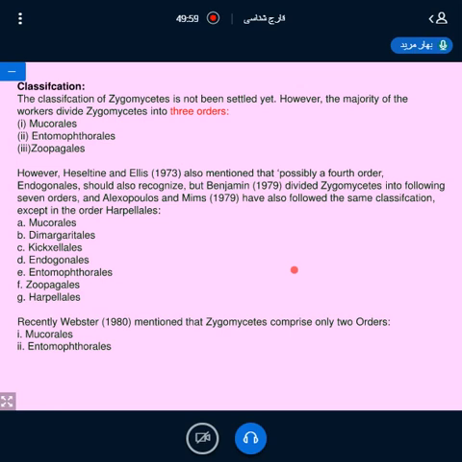Benjamin divided the Zygomycetes into the following orders. Alexopoulos and Mims have also followed the same classification, except in the order Harpellales.